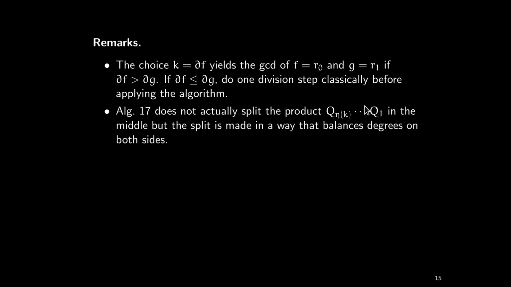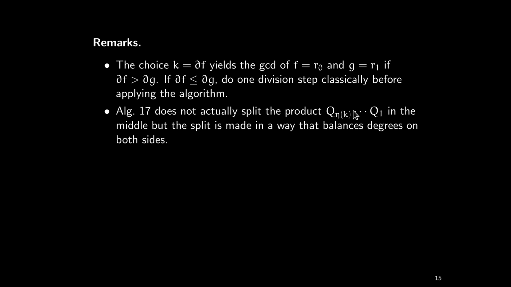And it could be that maybe you have such a product of 100 matrices, but the first 50 of them have very high degrees in the Q, and the later ones have very low degrees in Q, and then it wouldn't be a good idea to split the product in the middle, and you would rather split it closer to the beginning. And that's what we do.